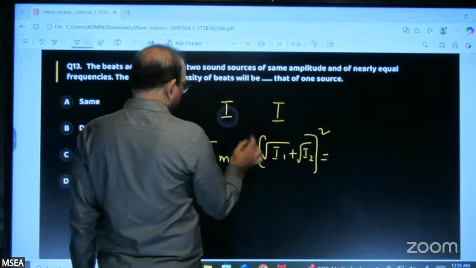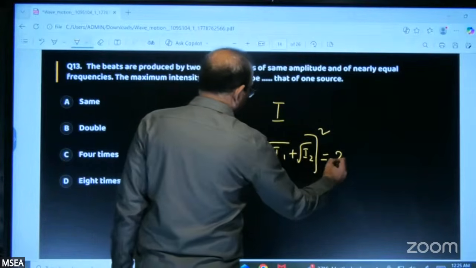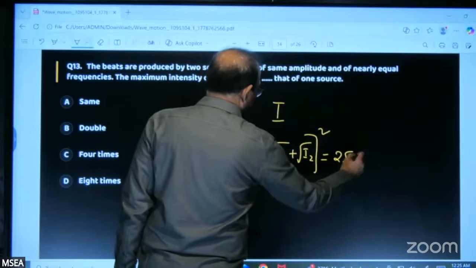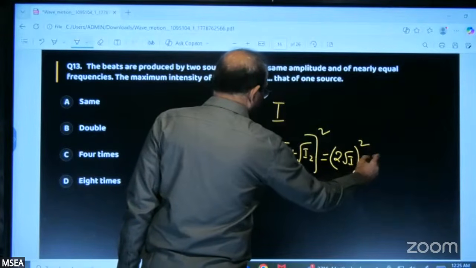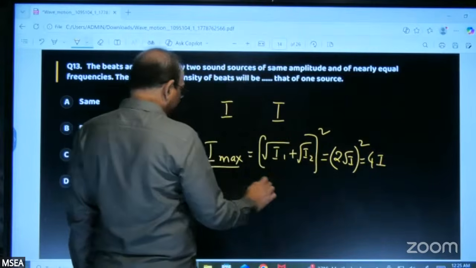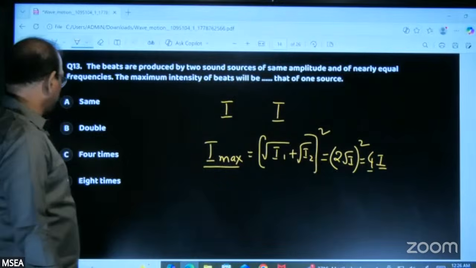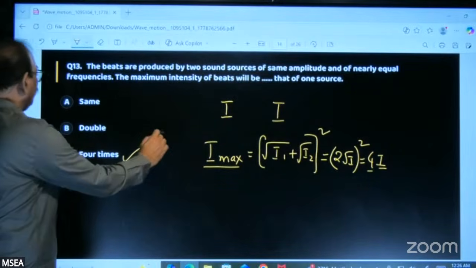Root I1 is root I, root I2 is root I, so 2 root I whole square. That is 4I, which means the maximum intensity is 4 times the intensity of any one source.